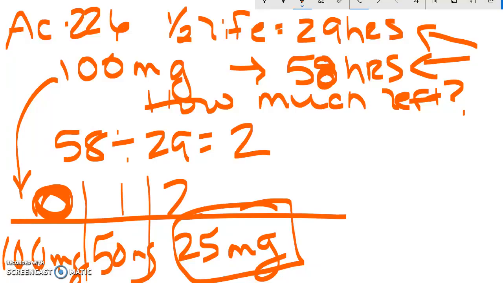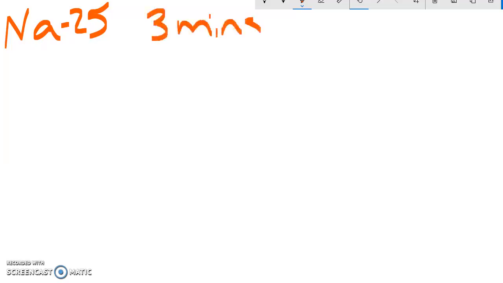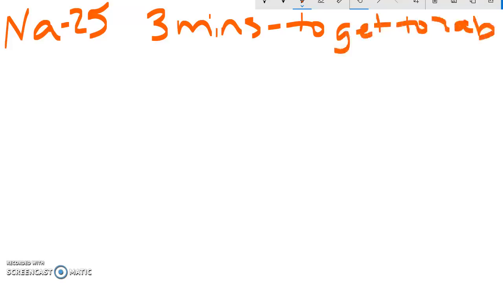Okay, one more, and then I'm going to show you one other thing. Sodium-25, which I'm going to write out like this, was to be used in an experiment, but it took 3 minutes to get to the lab. So it took 3 minutes to get it from where it was to the lab.